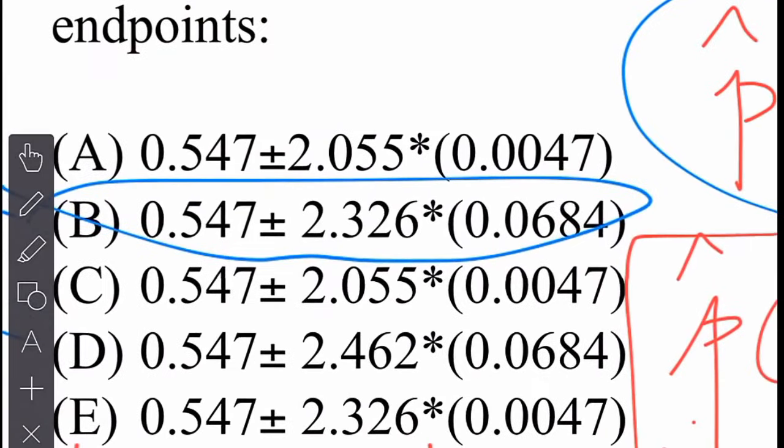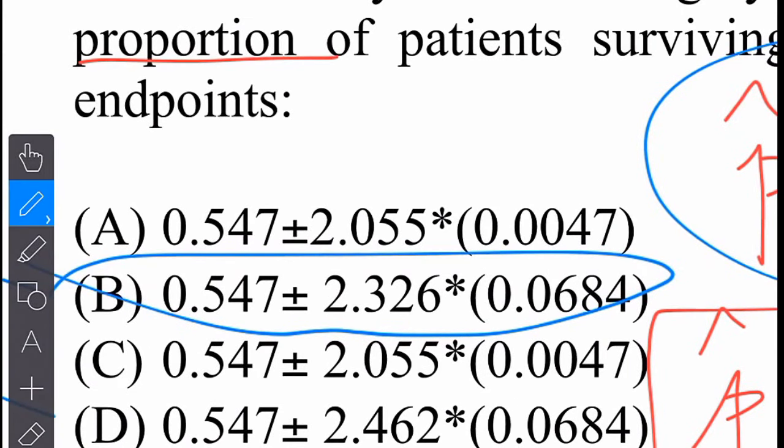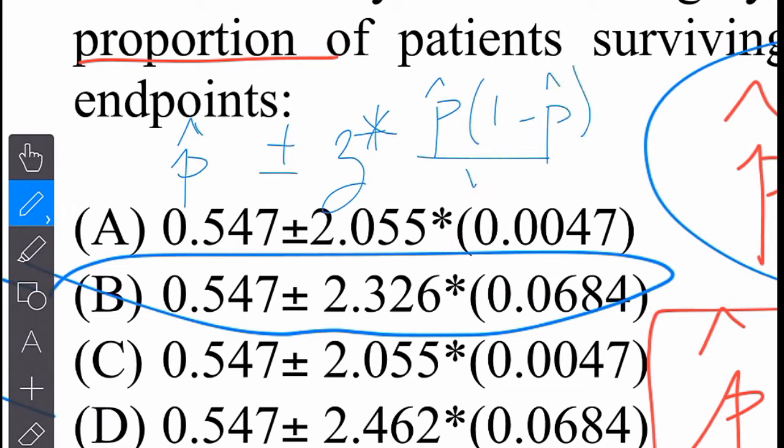The formula is p hat plus or minus z star, depending on the confidence interval you want. We call it a confidence interval, but it's what percentage of observations we want to capture, and the standard error. Remember, I told you we call this not the standard deviation, but the standard error, because we're using an estimate to compute it, the estimate of p hat for p.